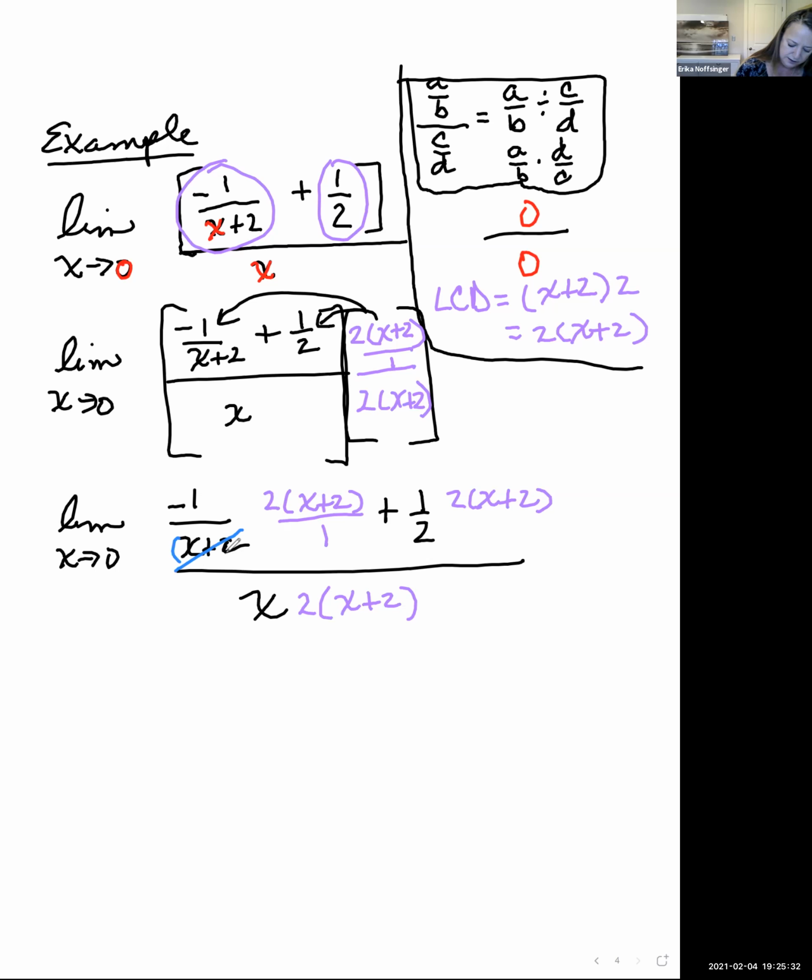The x plus 2 here cancels with this x plus 2, and all we're left with in that first piece is -1 times 2. So I have this -1 times this 2 that's left, so that's -2. Plus, over here, our 2's cancel, a 2 in the numerator and a 2 in the denominator. So all I'm left with is 1 times the parentheses x plus 2, so x plus 2.